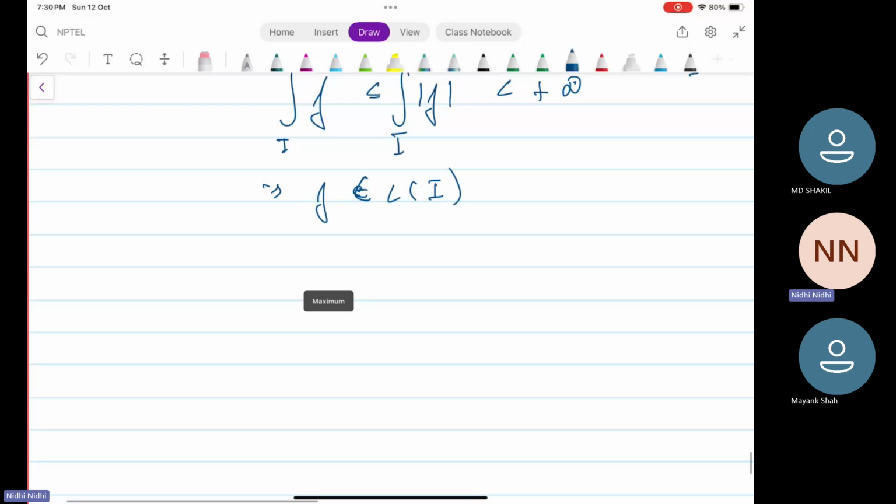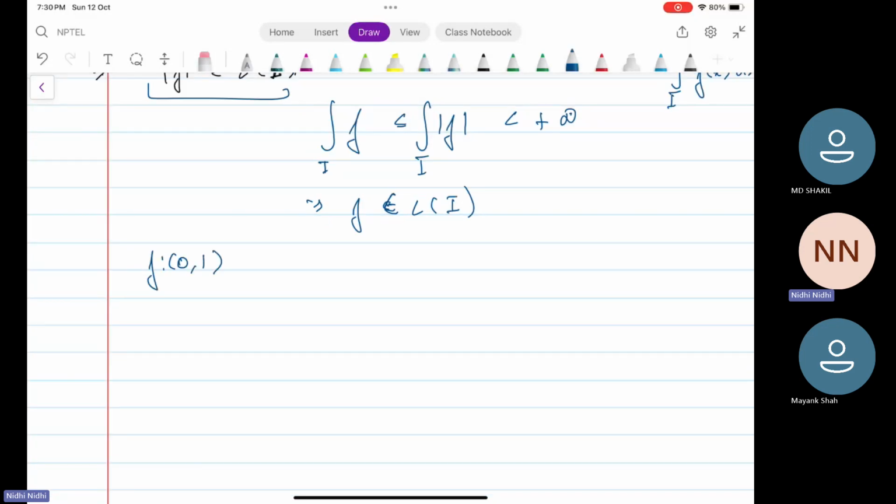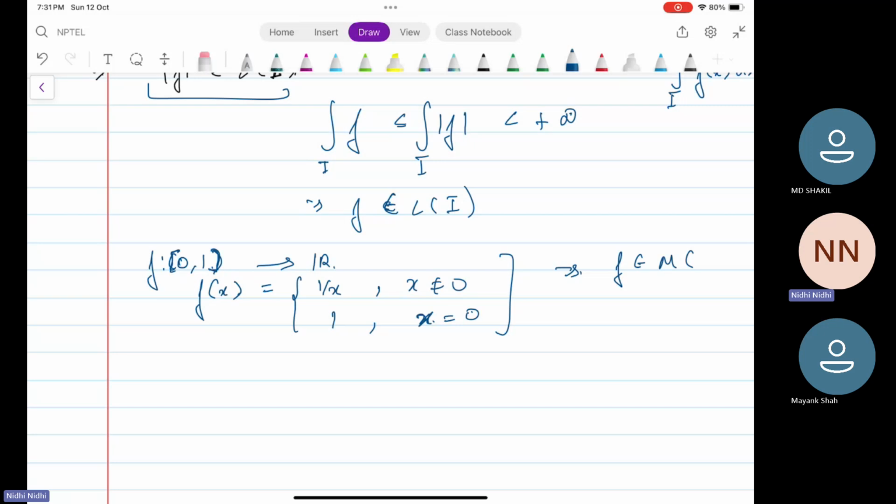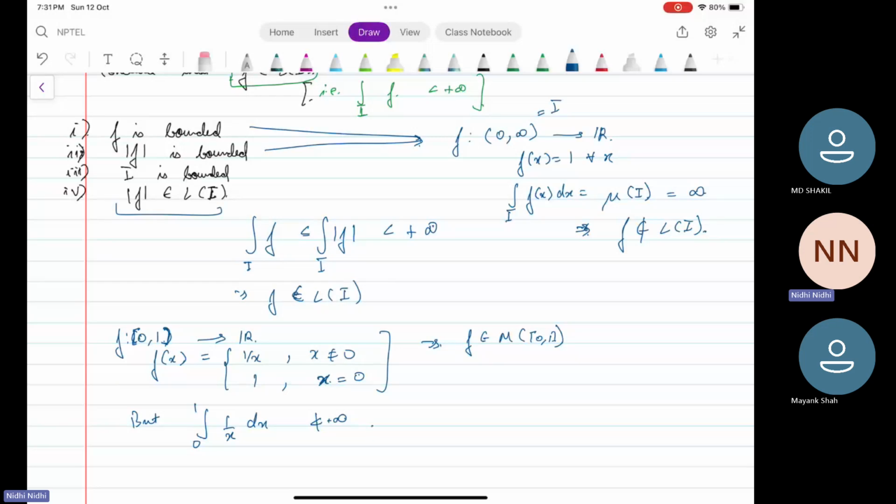Now if I define f from the closed interval 0 to 1 to R, f of x equal to 1 by x when x is non-zero and some constant at 0, this will always be measurable. F belongs to M of the closed interval 0 to 1. But clearly this integral from 0 to 1 of 1 by x dx is not finite. The function blows up near 0.